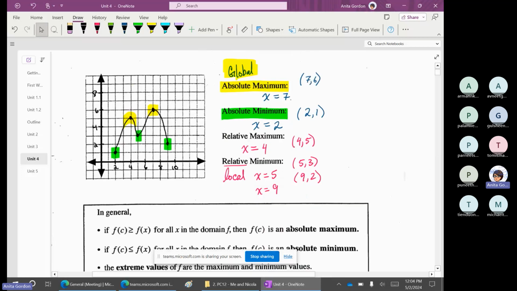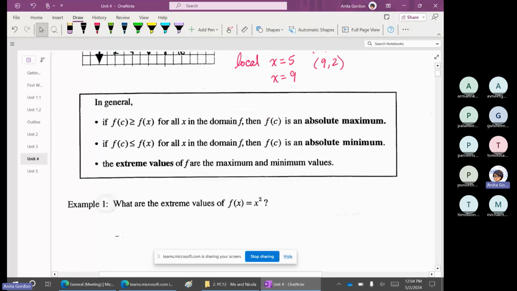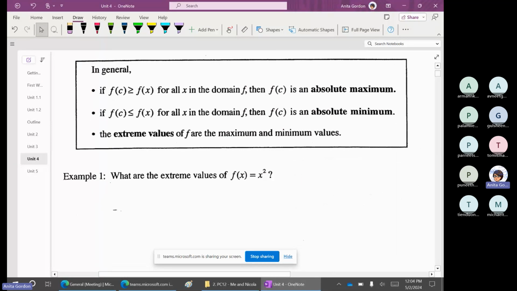Okay, so in general, the way that we're going to describe this in function notation is that if the value of the function at x equals c is greater than the function at x for all the x's in the domain, then f of c is an absolute maximum.